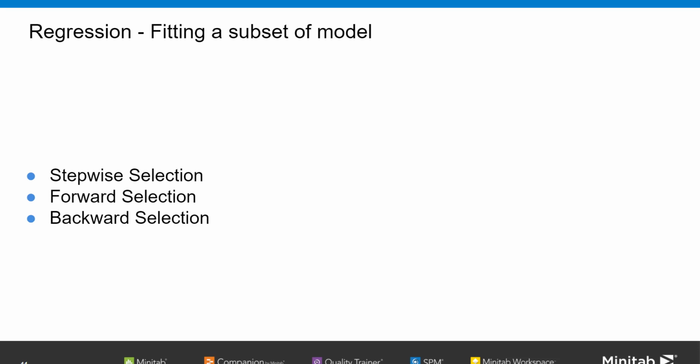It is of three types. First, stepwise. In this method you start with an empty model and include the terms you specified to include in the initial model or in every model. You need to specify an alpha to enter, and based on that it selects the variable. Then there is the forward selection method.